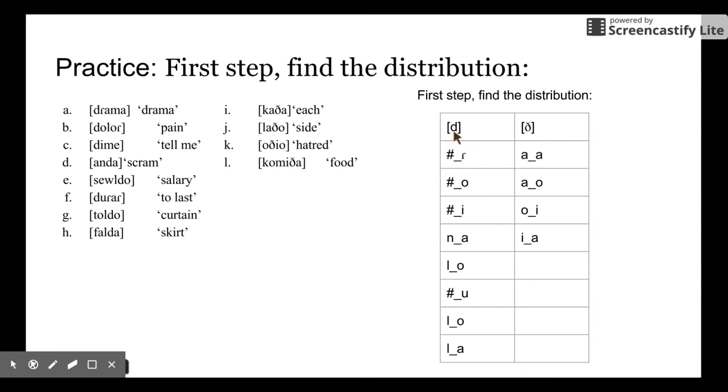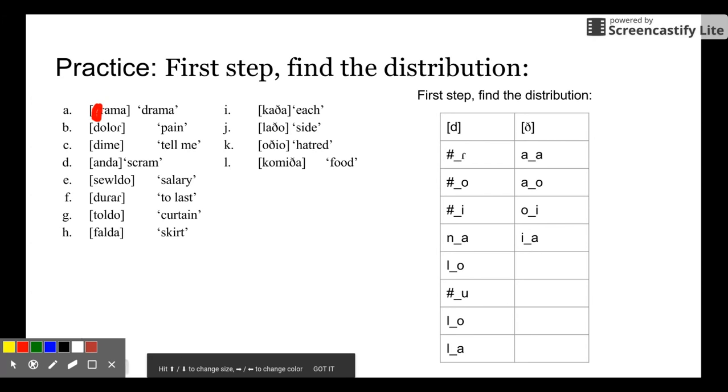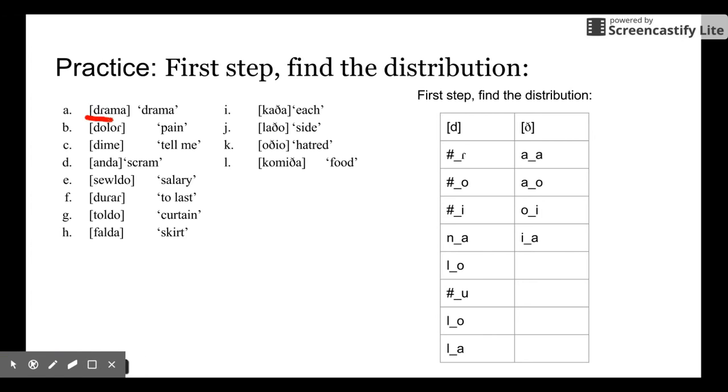So we can begin with the first sound. Let me use this one.